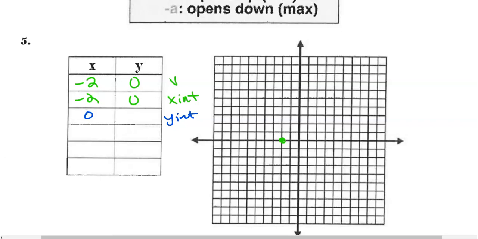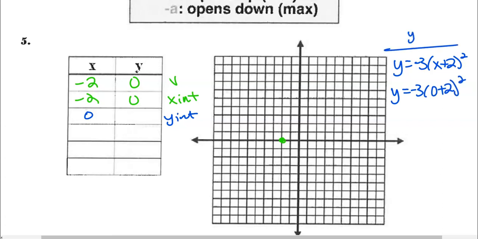So if I want x to be 0, I'm going to take my original equation, and instead of last time making y 0, now I'm going to do the same thing I just did, but I'm going to make x 0. So what was it? It was y equals negative 3 times (x plus 2) squared. So now I'm going to make it 0 plus 2 squared. So this is how we find the y-intercept. Okay? You make your x value 0, right?